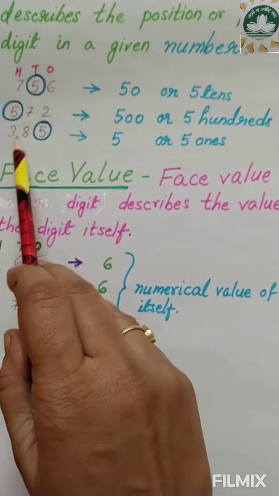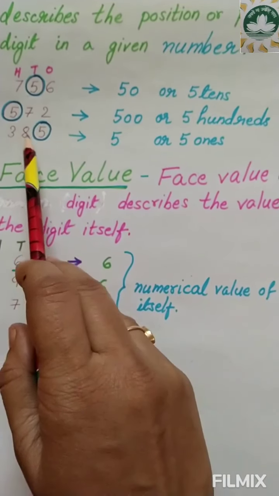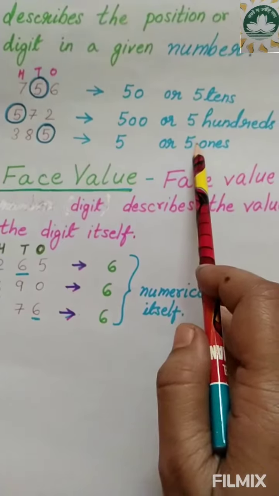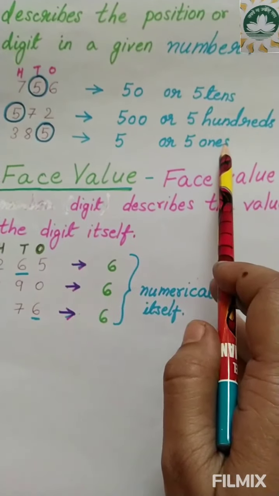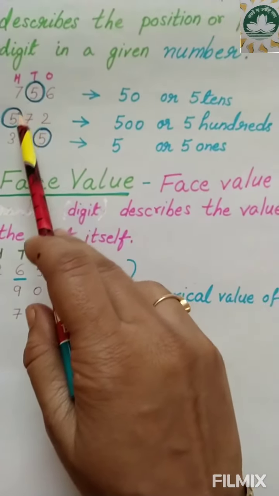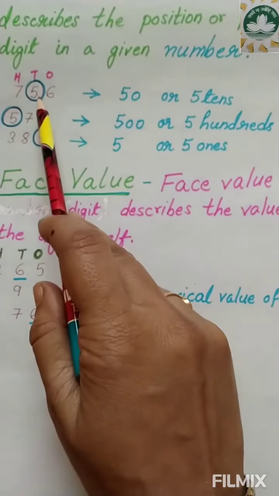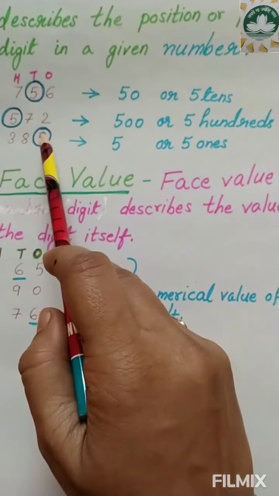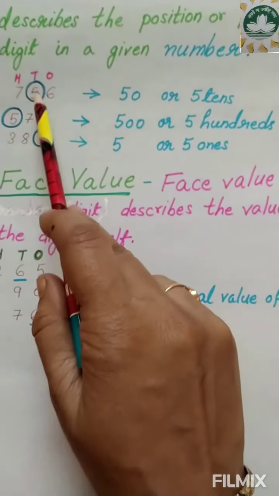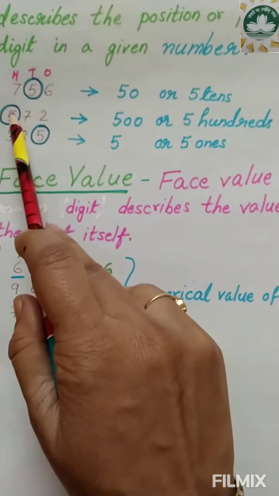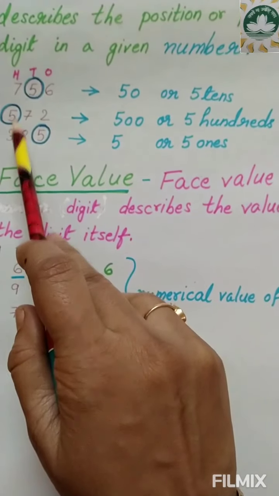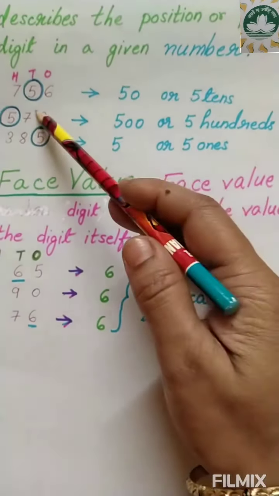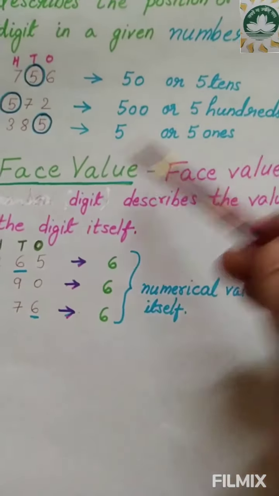In the third number we have 385, where the place value of 5 is 5 ones. So you can see that the place value of the digit can change. The digit remains the same, but the place or position of the digit changes. And thus we write the number in different forms.